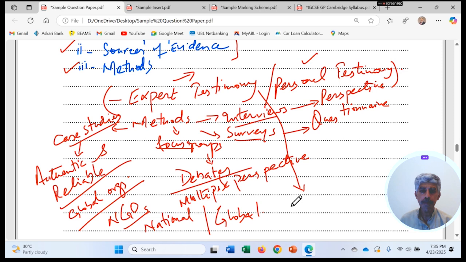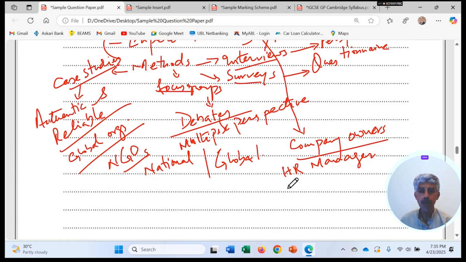Experts can be the company owners, managers, especially HR managers, human resource managers, as they keep the people and they fire the people. And then the economists, and financial experts.